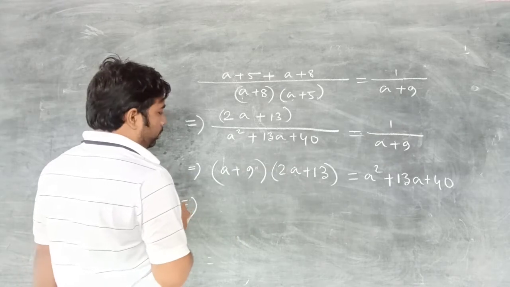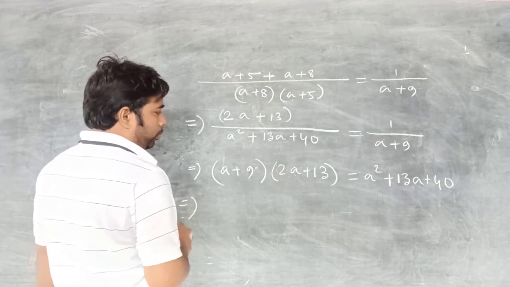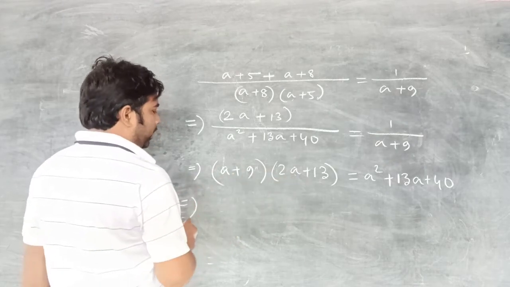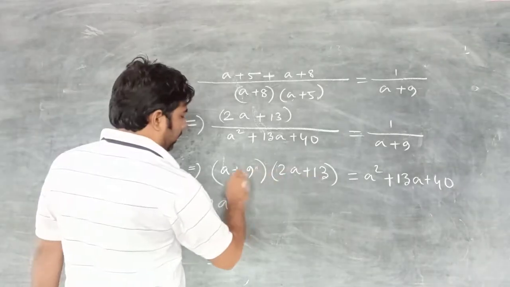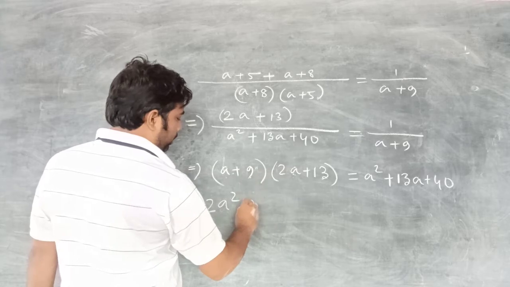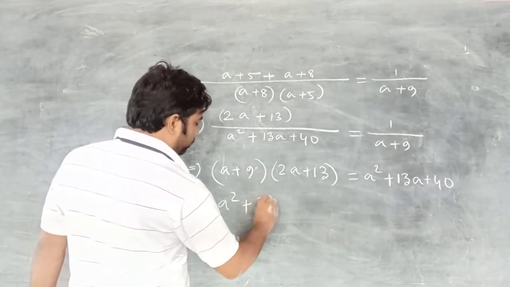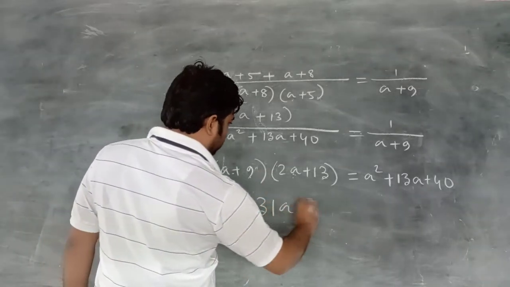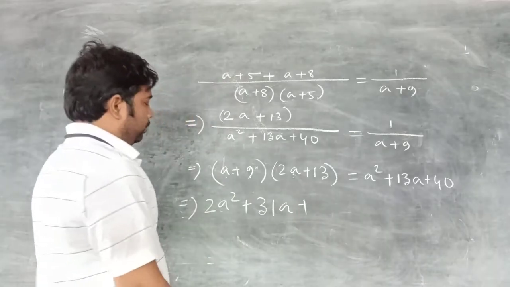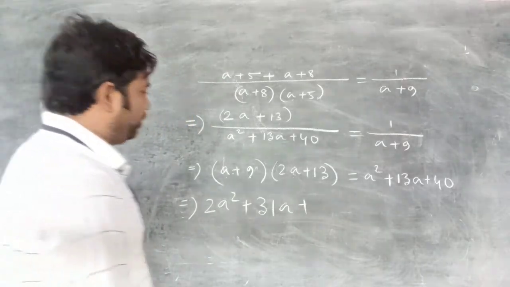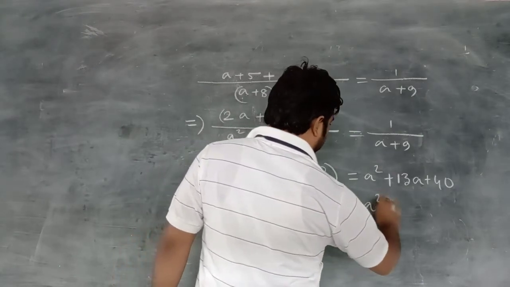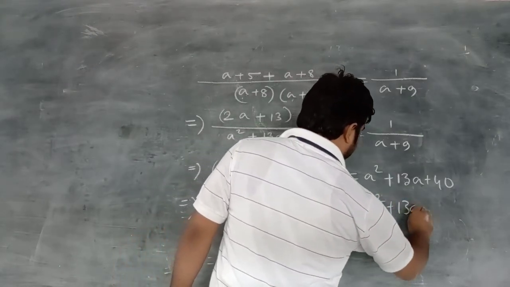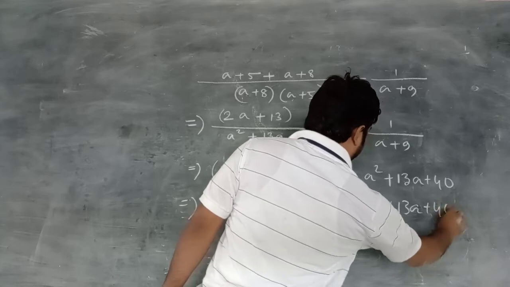Cross multiplication is not needed here, you just do the normal multiplication. So this is twice a into a, that is twice a square. This is 13a plus 18a, 31a. This is 13 into 9, 13 into 9 is 117. It will be a square plus 13a plus 40.